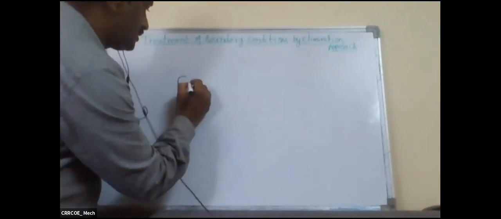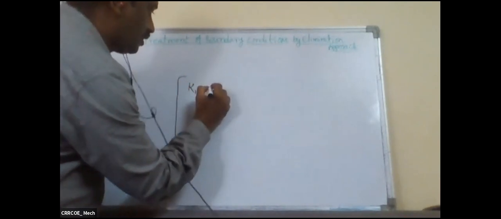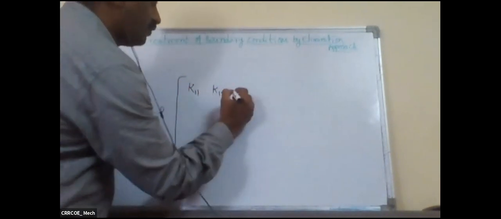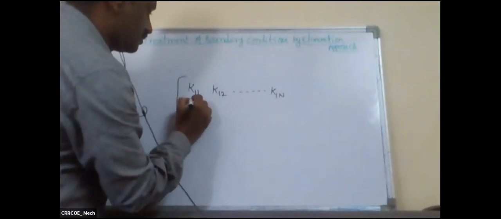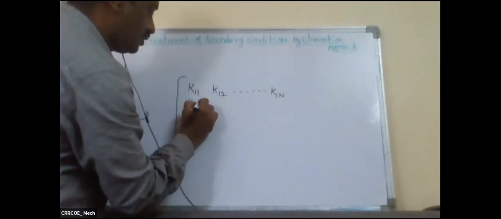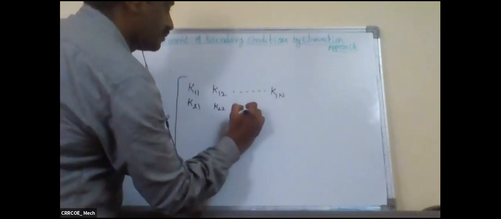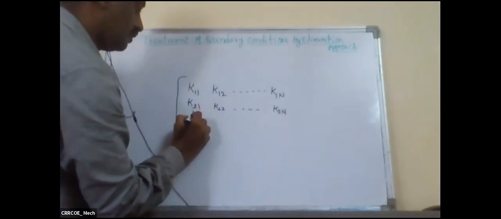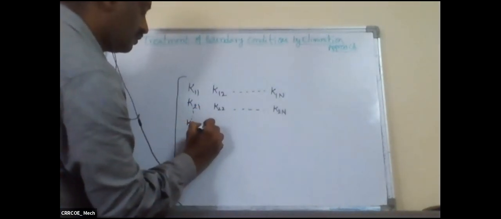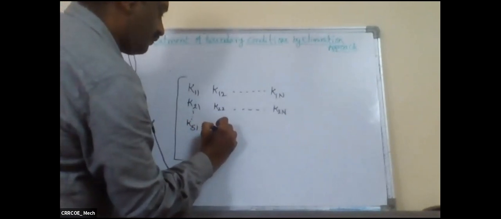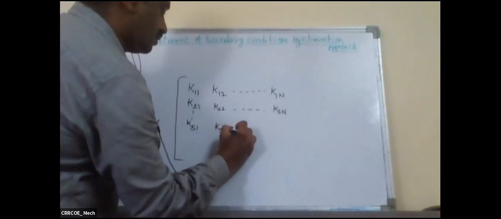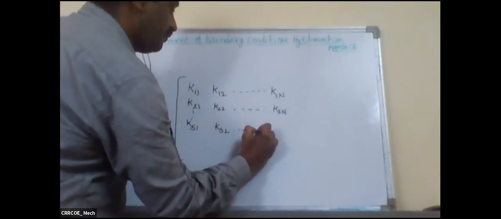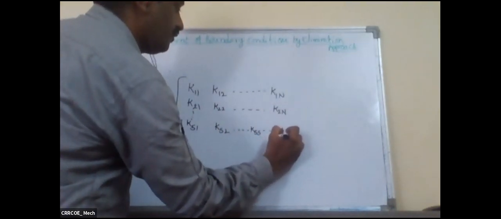So the global stiffness matrix elements are K11, K12, and so on up to K1n, if the structure has n degrees of freedom. Then K21, K22, and so on up to K2n. Then K51, K52, and so on, K55, and so on up to K5n.